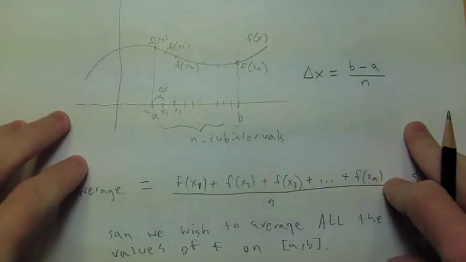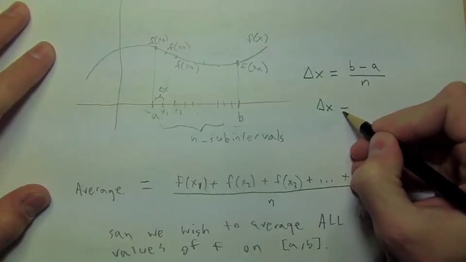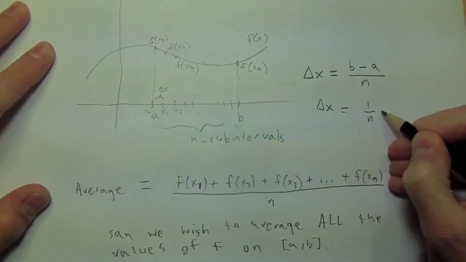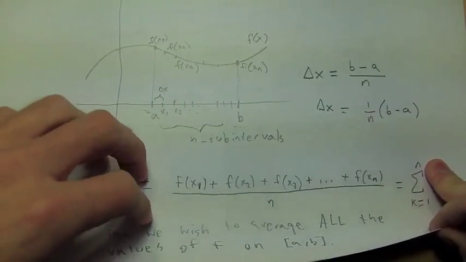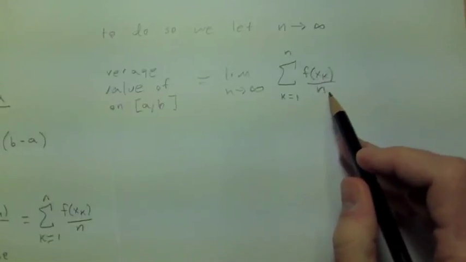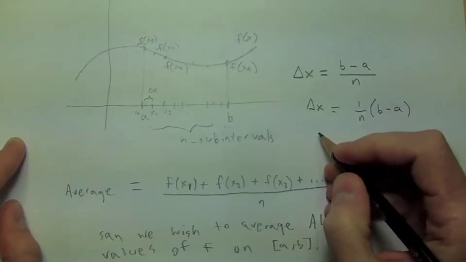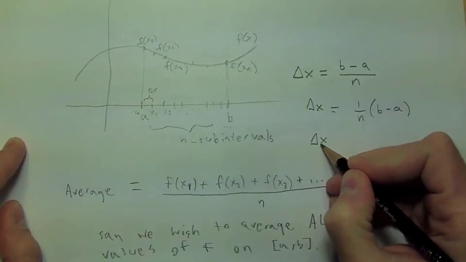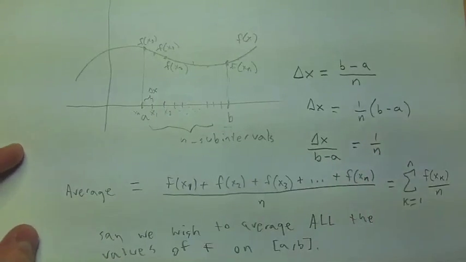Okay, so you could also write that delta x is 1 over n times b minus a. All right, and we have a 1 over n here. Right? So basically 1 over n, if I divide, delta x over b minus a is 1 over n.